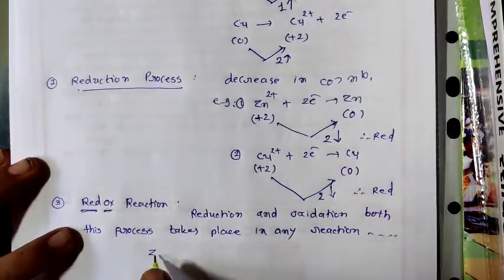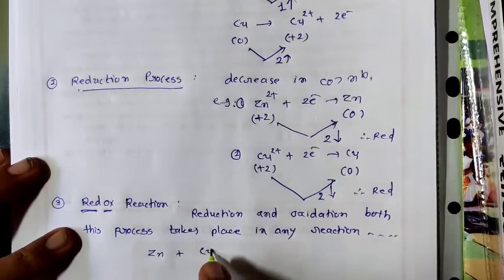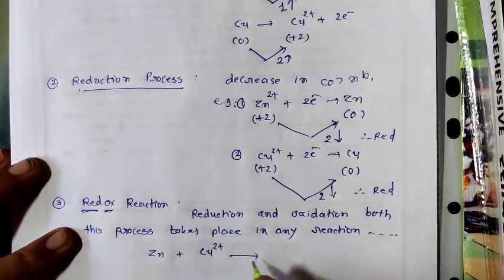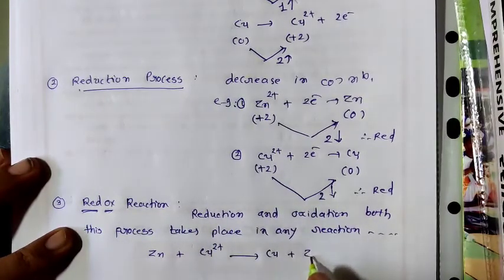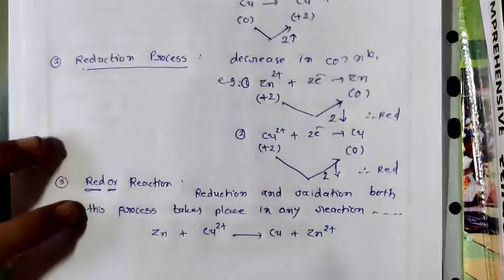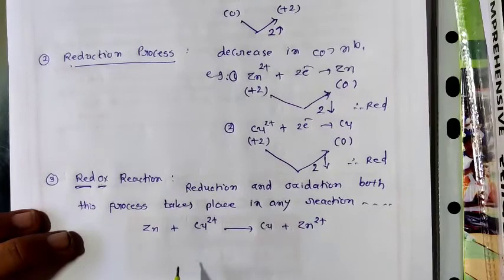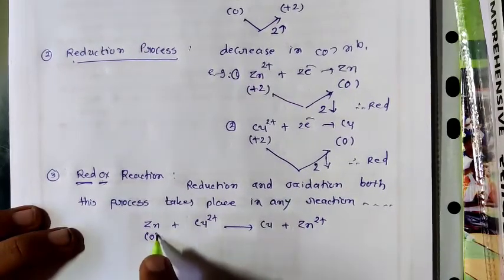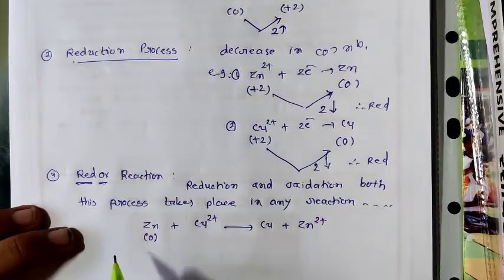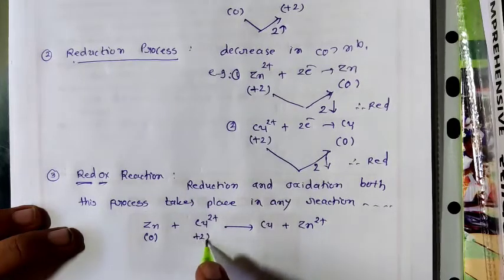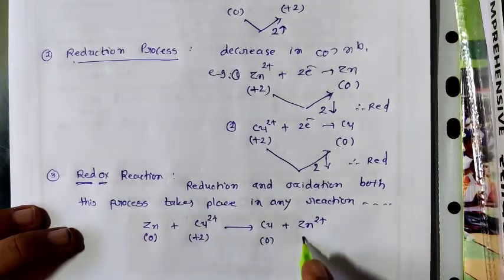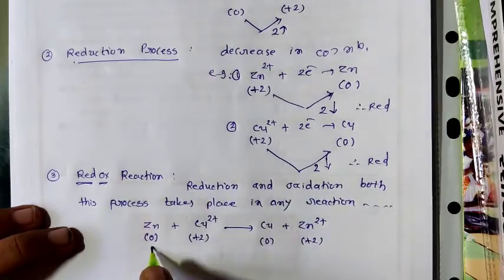Okay, I will give you just this example. Zn plus Cu2 plus gives Cu plus Zn2 plus. We will count the oxidation number. Zn is a neutral atom, so 0, and Zn2 plus is plus 2.